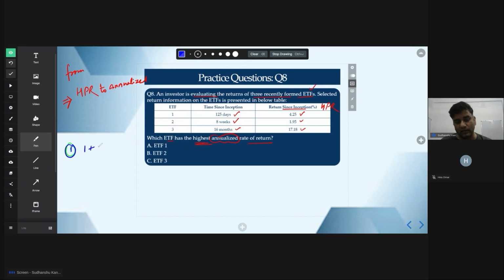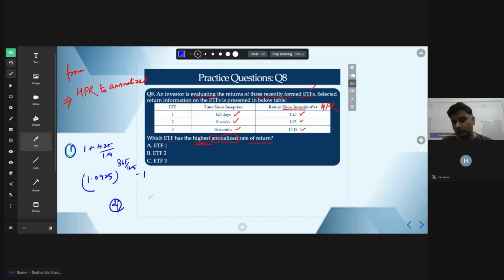It is 4.25%, so you can write directly 1.0425. And then you have your 365 by days. So 365 by your 125 days, minus 1. So this is the first one, do the calculation.